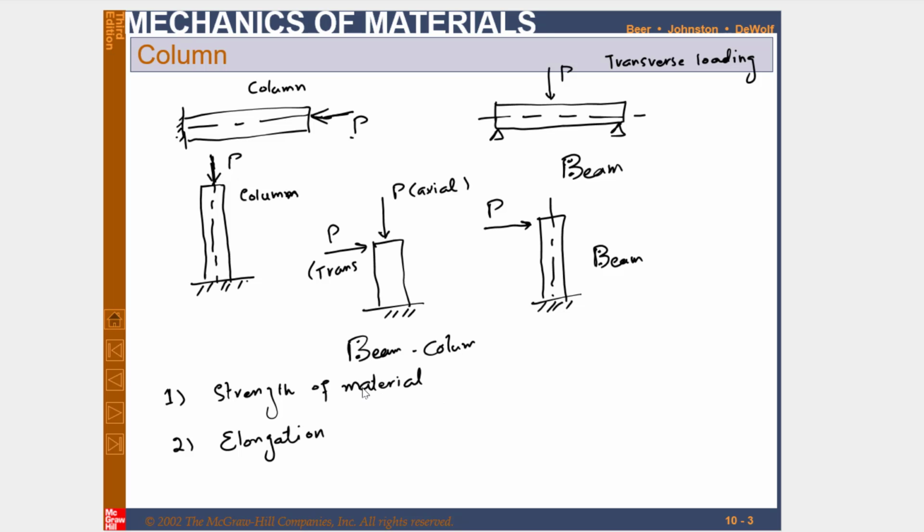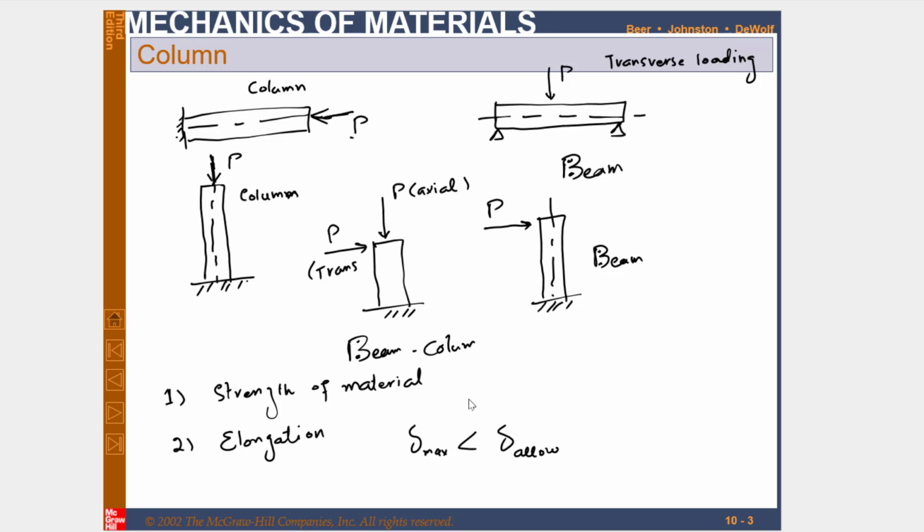That is defined as strength of material, while elongation means the ability of a structure to support a specific load without undergoing unacceptable deformation. Here this deformation should be the maximum deformation, and it should be less than the allowable deformation, clear.